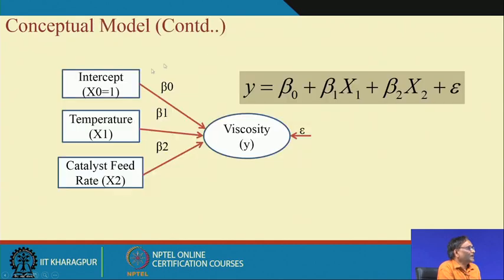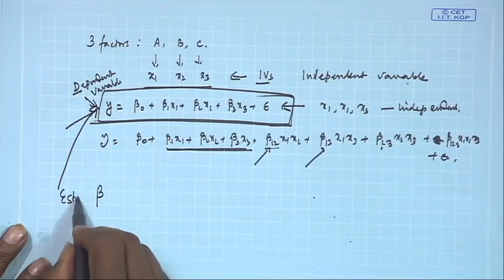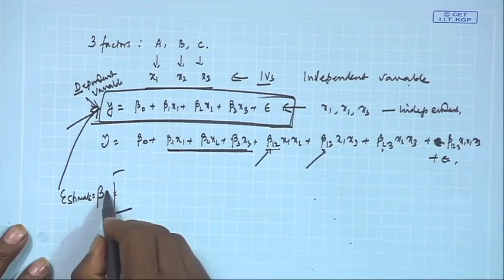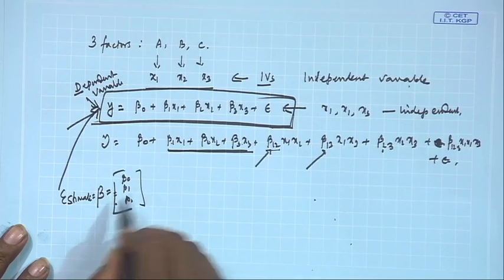Then the multiple linear model will be like this: y equals beta 0 plus beta 1 x 1 plus beta 2 x 2 plus epsilon. So, what is the job here? Our job is to estimate the beta values, which is basically a vector beta 0, beta 1 and beta 2 with respect to this equation.